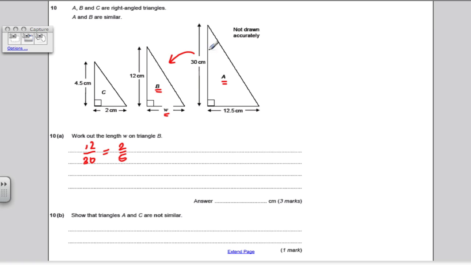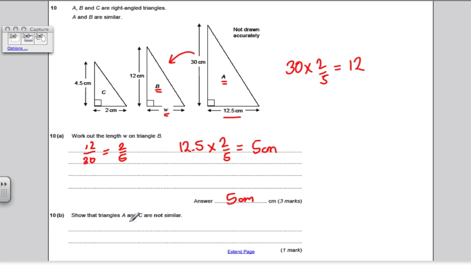So that means if I multiply this one by 2/5, I get this one. Let's just try it. 30 times 2/5 would equal 12. So how do I get this one here? Well, I simply do 12.5, this distance, multiplied by 2/5, and I get 5. So W is 5 centimetres.